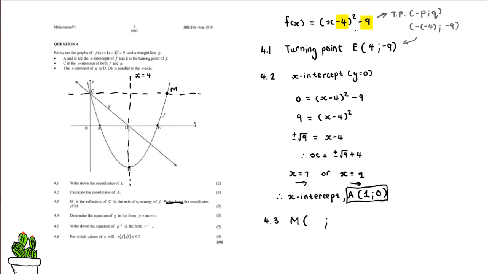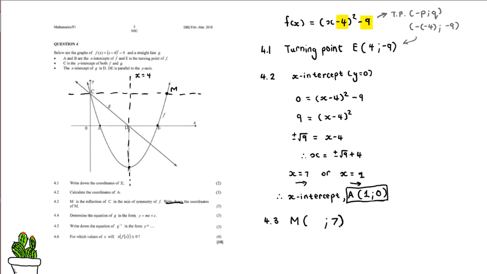So to get your y-intercept, you need to make x zero. Since they said write down, I'm not going to show any calculation. Basically, you substitute 0 in the formula in place of x and get an answer. So you have negative 4 squared minus 9. That gives you a y-intercept of 7.